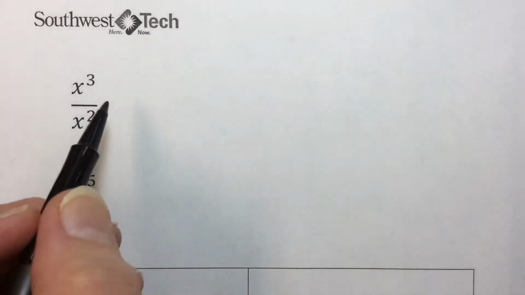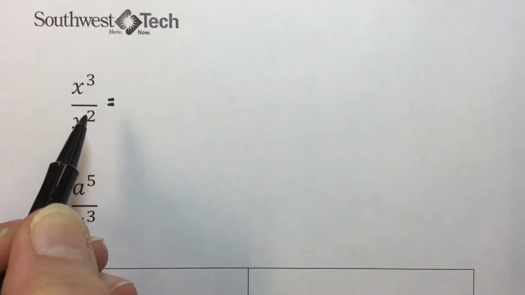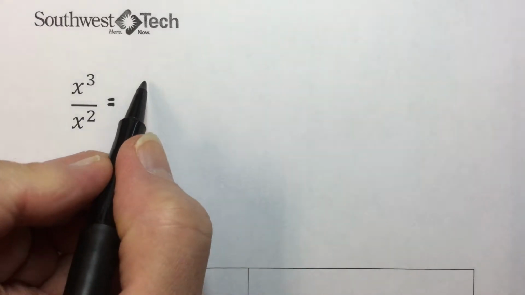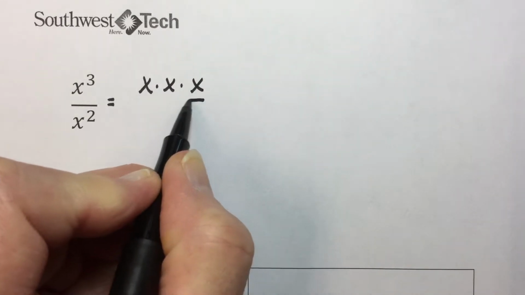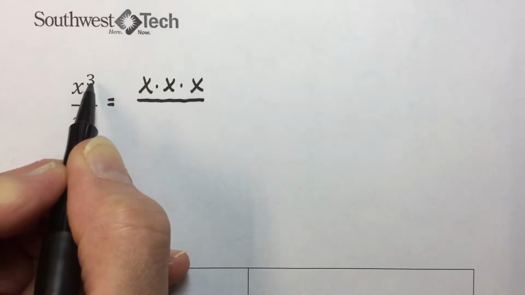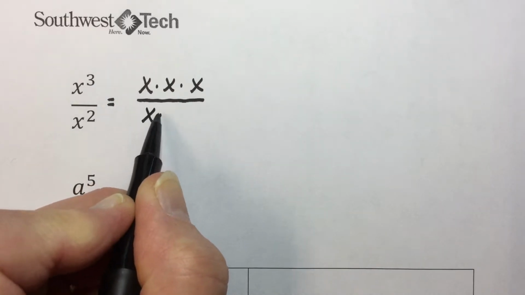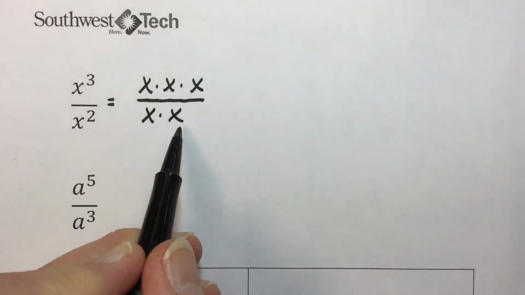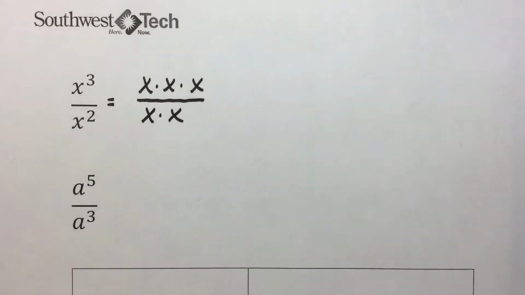In this first example, if we take this exponential notation and express it in factored form, in the numerator, we have the base of x times itself 3 times, as indicated by the exponent. Likewise, in the denominator, we have a base of x to the second power, so x times x.